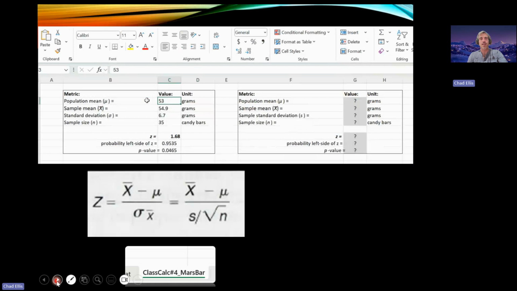So here's just an Excel where I've set up the problem. There's our population mean of 53, sample mean 54.9, sample size 35, and there I've calculated my Z-score using those values.